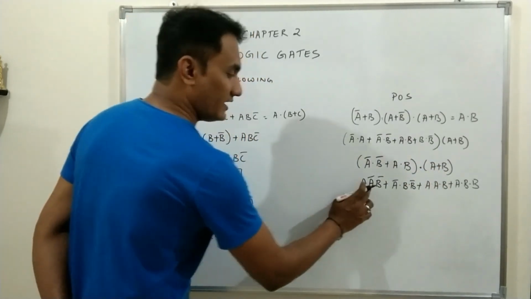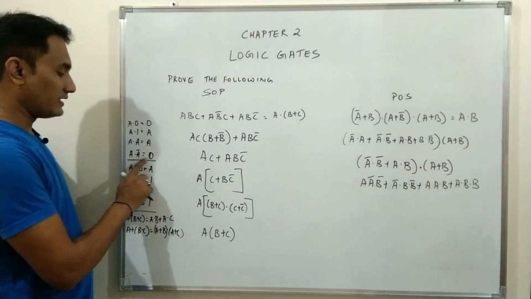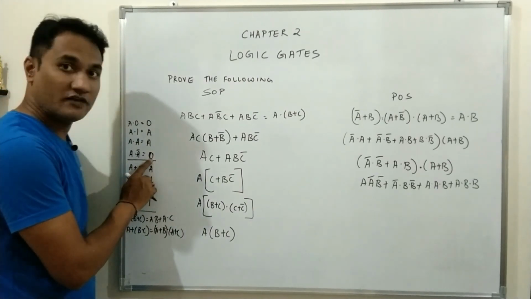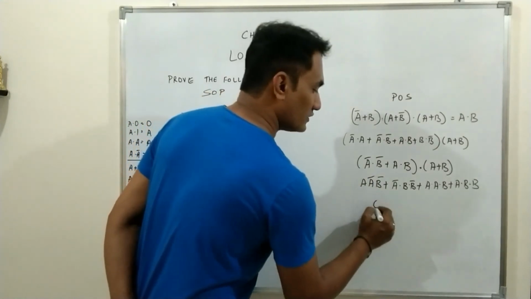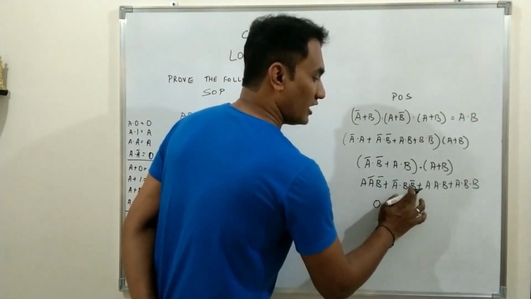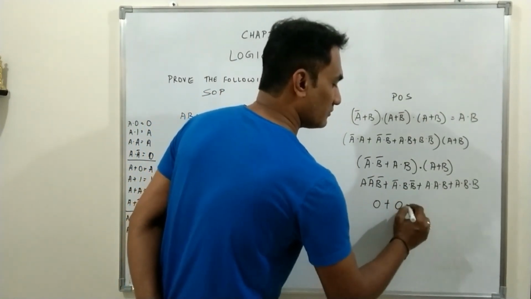Now what is A dot A bar? A dot A bar is 0, and if any one of the variables in an expression becomes 0, the entire expression becomes 0. So this is 0, plus B dot B bar is 0, so this expression becomes 0.